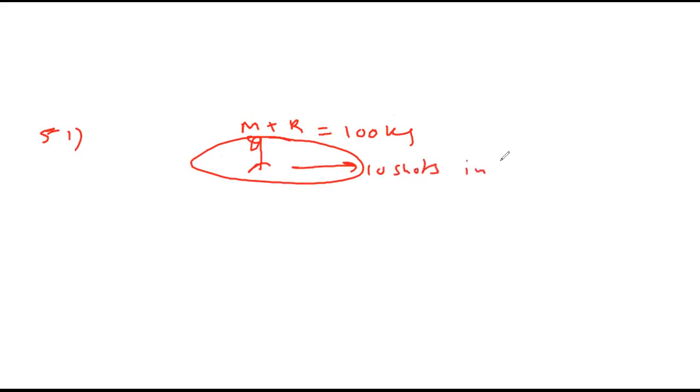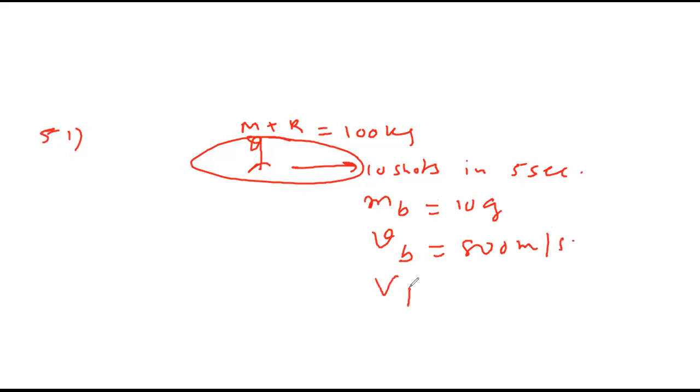Each bullet has mass of 10 gram. Muzzle velocity, meaning velocity by which the bullet emerges out, is 800 meter per second. Final velocity of the person and average force exerted on the person are asked.